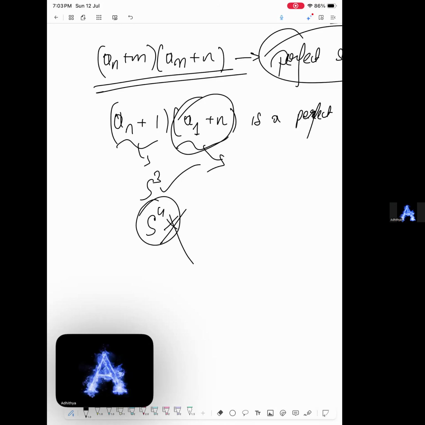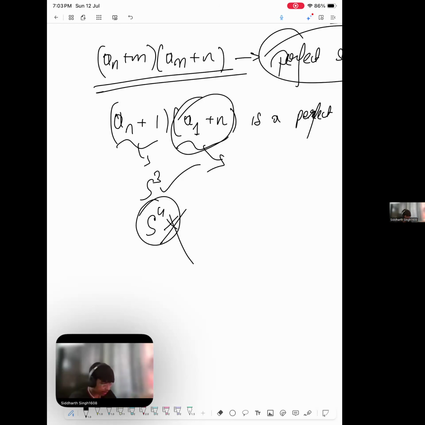Okay, why would we even think of this? Do you have any answer to that, or should I answer? Why would I want some odd power to divide a_n plus 1? Some odd power of a prime. Right, okay.